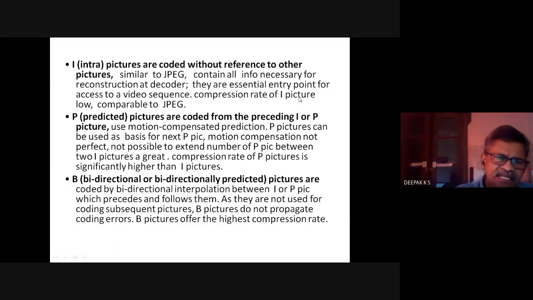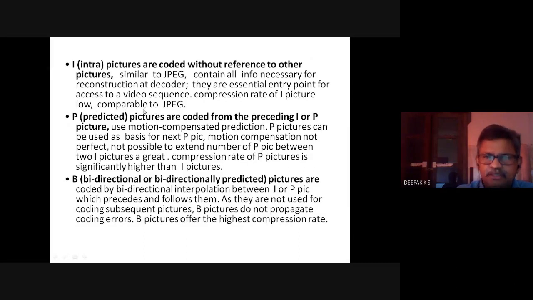They are the essential entry point for access to a video sequence. So when you start with a video sequence, you start with an I type picture, which contains all information, and it is similar to the JPEG compression, and you can decode it without any other extra information. However, the compression rate of I picture is low.